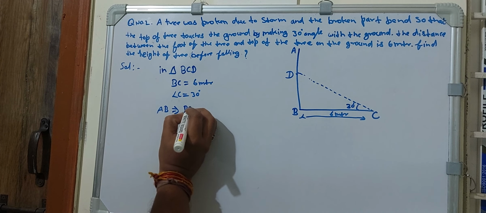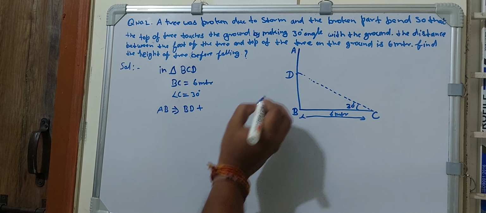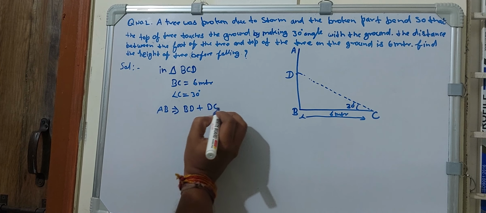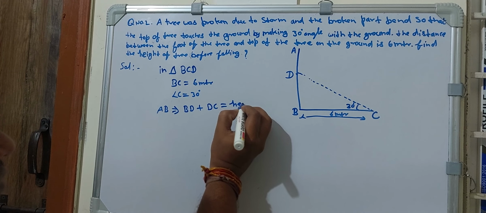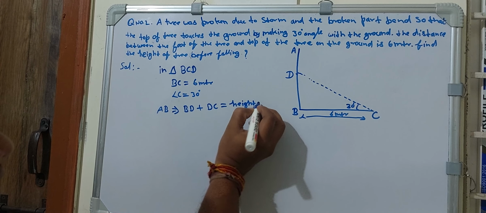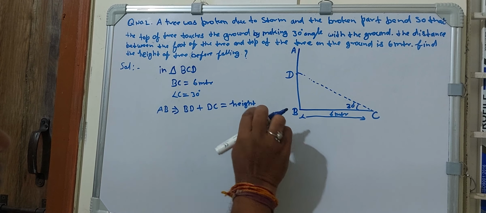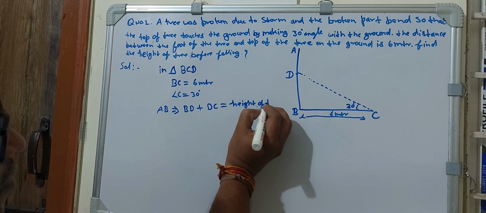that BD plus DC is equal to height of tree.